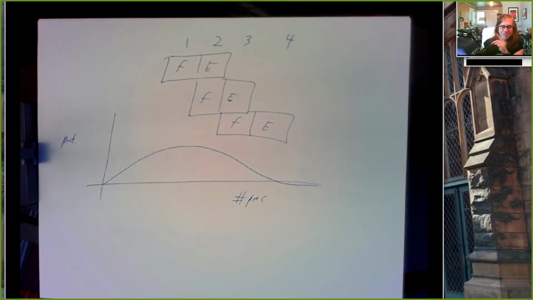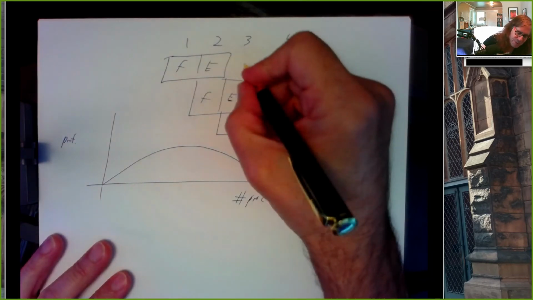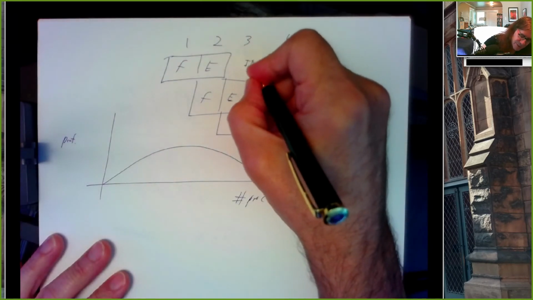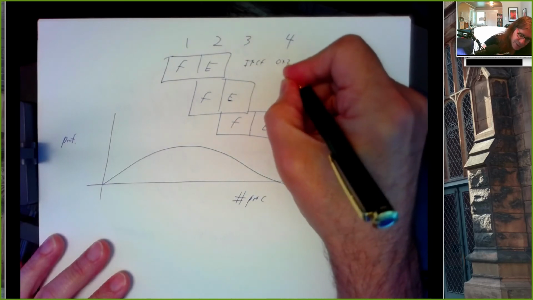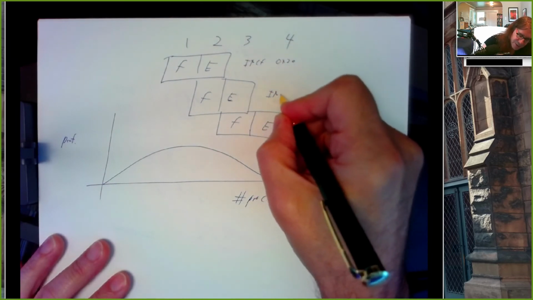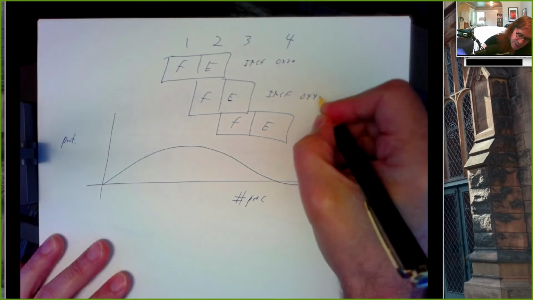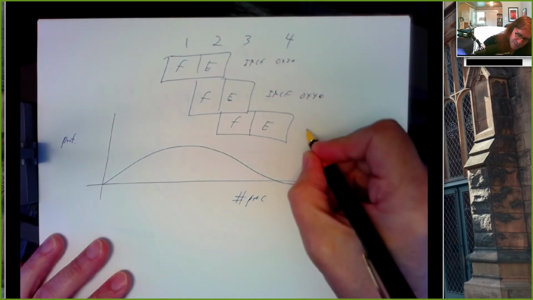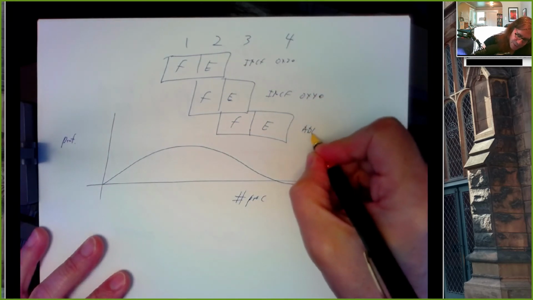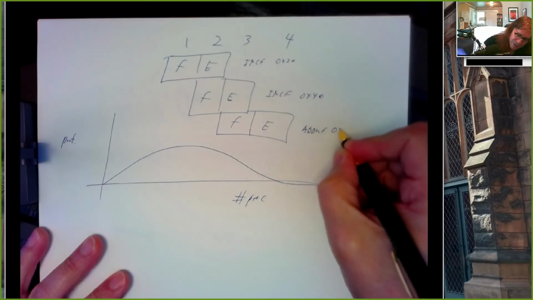But think about this fetch execute business. Suppose what I'm doing here is increment file register 20, and over here is increment file register 40, and here is add W to file register 21.